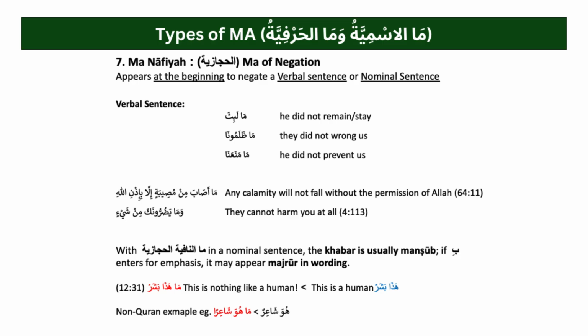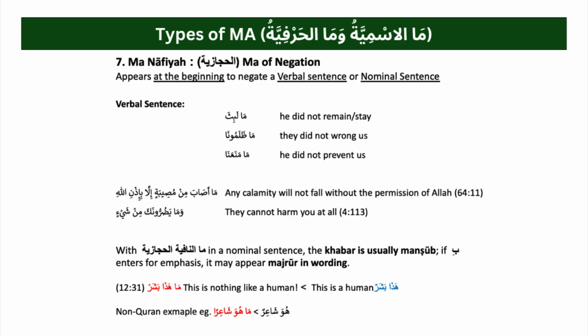Here, its job is very simple. It comes to negate. The slide begins by saying that ma nafiya appears at the beginning to negate either a verbal sentence or a nominal sentence. This is a very useful starting point, because it tells the student that the same ma of negation can work in more than one kind of sentence.